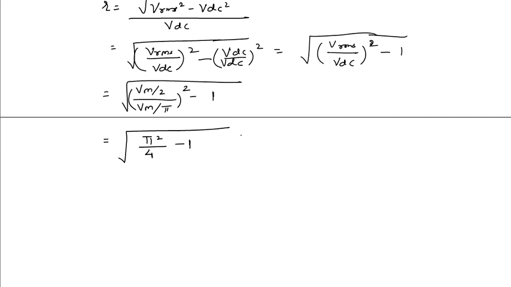After solving this, we get ripple factor R equal to 1.21. So this is the ripple factor of the half wave rectifier. Now by calculating the ripple factor, we can compare two rectifiers. If the ripple factor is more, it means there is more variation in the output with respect to the DC value.